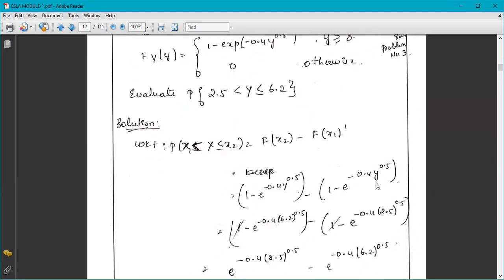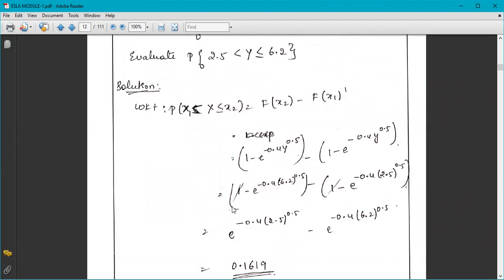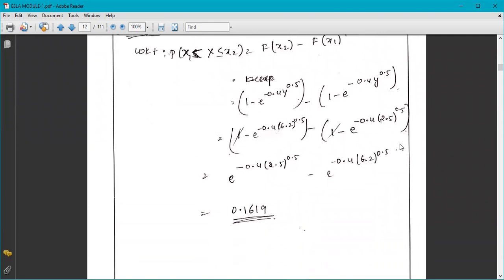Substituting, we get the same thing as in the last problem: 1 gets cancelled, and we get minus e power minus 0.4 into 6.2 whole power 0.5, minus into minus plus e power minus 0.4 into 2.5 power 0.5. Then by using a calculator we get 0.1619.